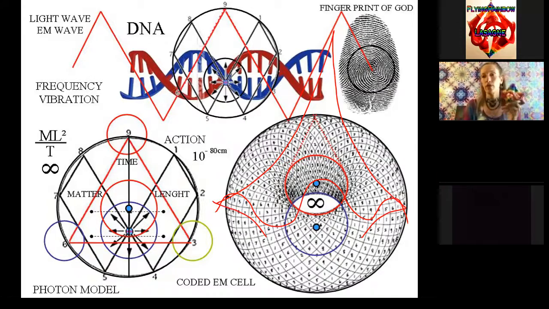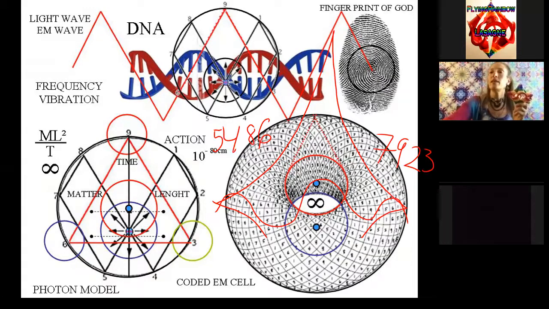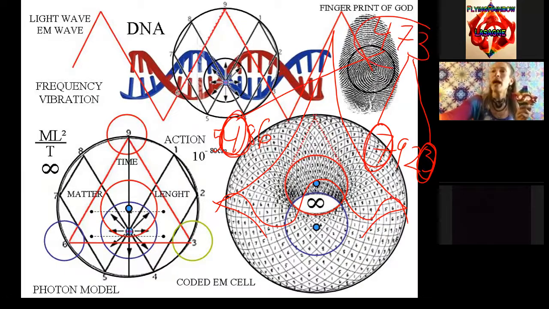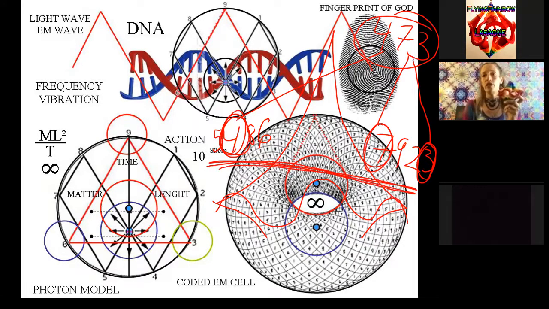If we can turn that torus into a Flying Rainbow Lasagna, it means that we can take what might have been a sequence like 5, 4, 8, 6, and we can take a sequence over here that might have been 7, 9, 2, 3, and we can take some of this from over here, and some of this from over here, and then some of this from over here, and we can make a new sequence that might instead go 4, 7, 3, and we didn't have the capacity to do that when everything was structured like this before. We got the capacity to gain an additional degree of freedom. More things that you can do.